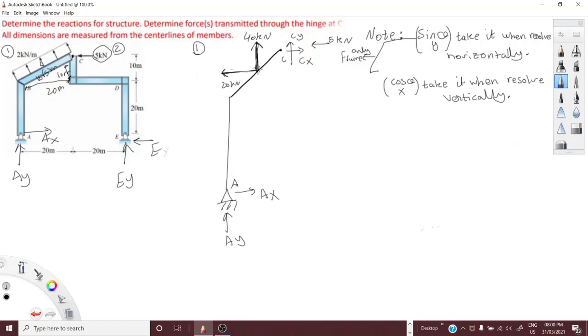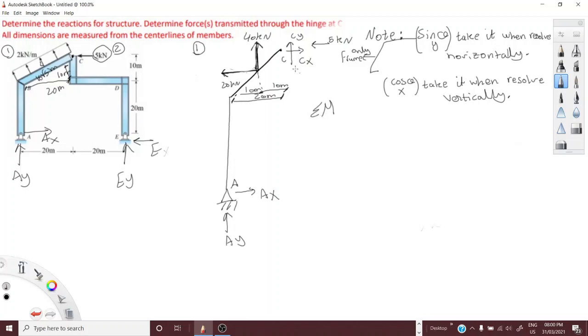And as you know, the 40 kilonewton is at half. All of this from here to here is 20 meter, and it is at the middle, so it will be 10 meter and 10 meter.